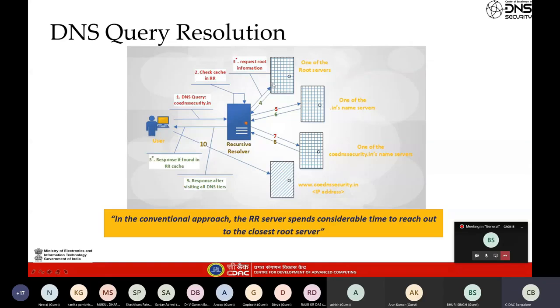So the idea of RFC 7706, which was introduced a few years back, was to cut down the traffic going to the root servers by running an instance of the root servers database at a loopback address on the recursive resolver.